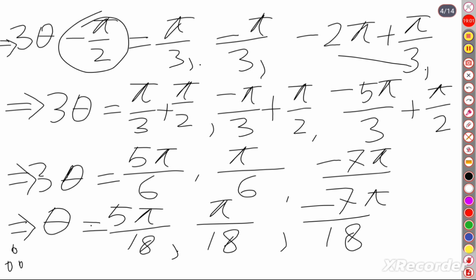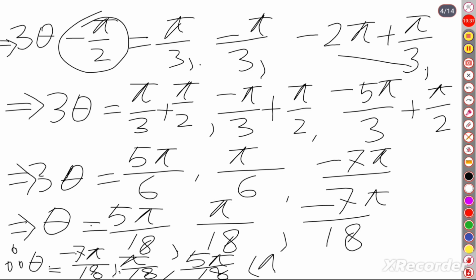First the negative value should be written: theta is equal to negative 7 pi over 18. Then the smaller is pi over 18. Then the greatest value is 5 pi over 18.